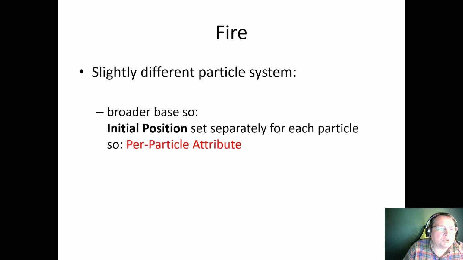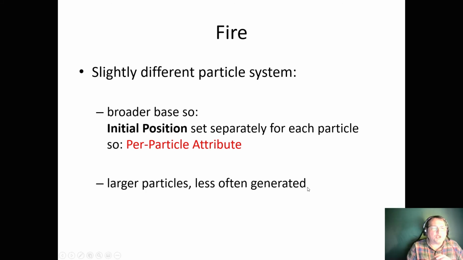So the initial position has to be set separately for each particle, so initial positions are per-particle attributes and have to be stored in an array of an appropriate size with an entry for each particle.